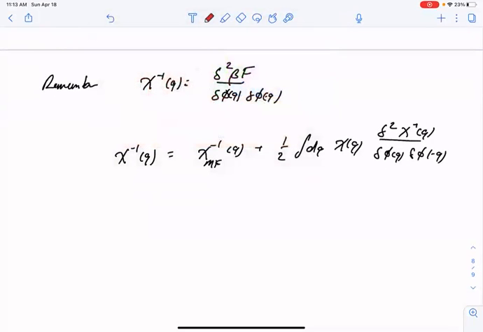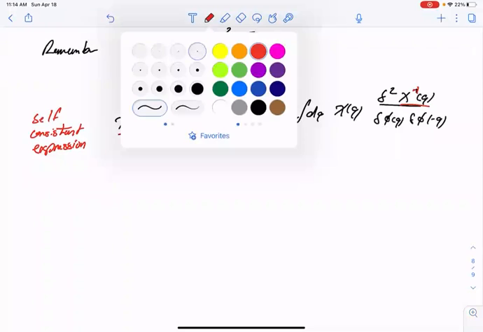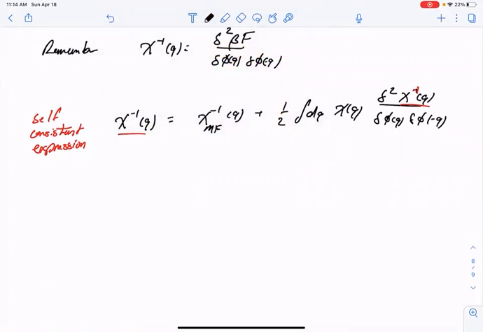But this gives us a self-consistent expression for chi. We have chi inverse on the left, chi inverse on the right under the integral. If we remember that the susceptibility, which chi is proportional to, diverges at the critical point, which means that inverse chi goes to 0 at the actual value of the critical point.